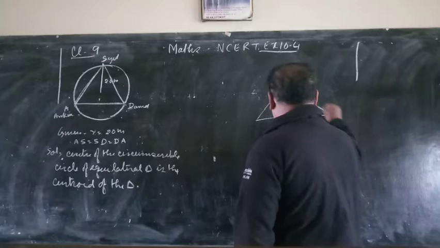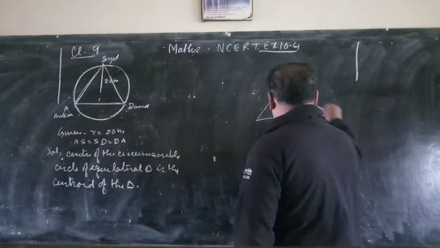So the point of concurrence or meeting point of all the altitudes is known as orthocenter. I am correcting myself: what is a centroid? The point of concurrence of all medians is known as the centroid, and the centroid divides a median in the ratio 2:1.